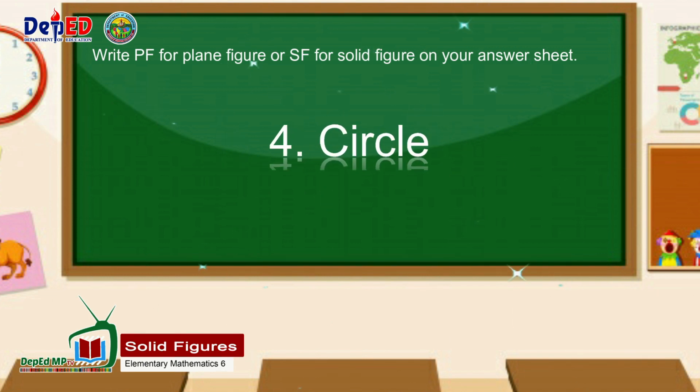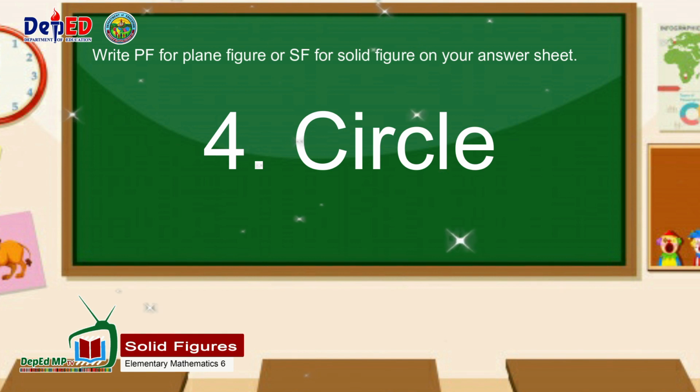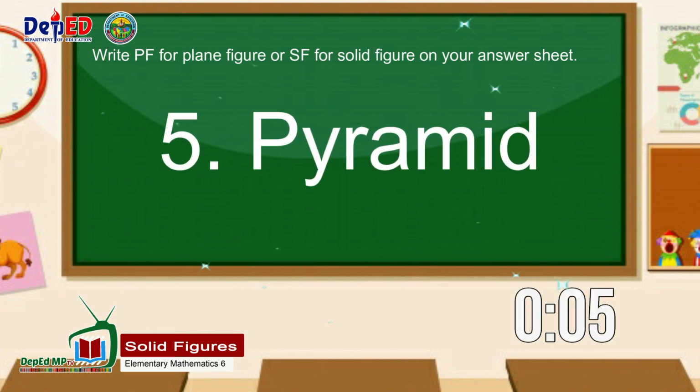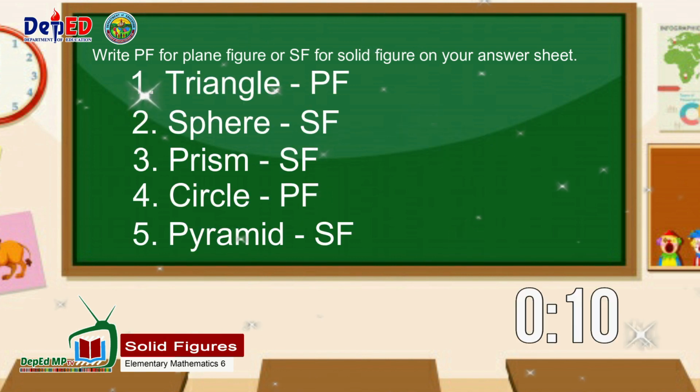Number 4, circle. Number 5, pyramid. Check your answers. Did you do good?